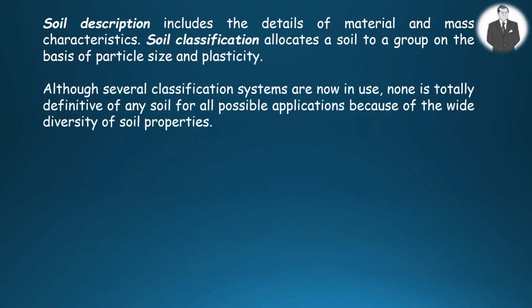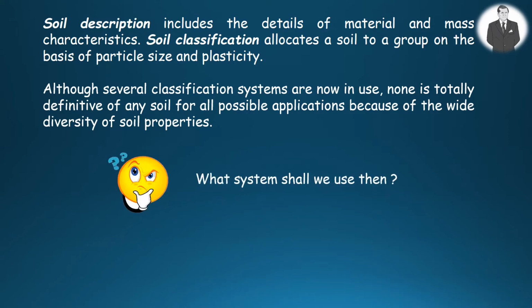Even though several classification systems are now in use, none of them is totally definitive of any soil for all possible applications due to the wide diversity of soil properties. The question is, what system shall we use then?